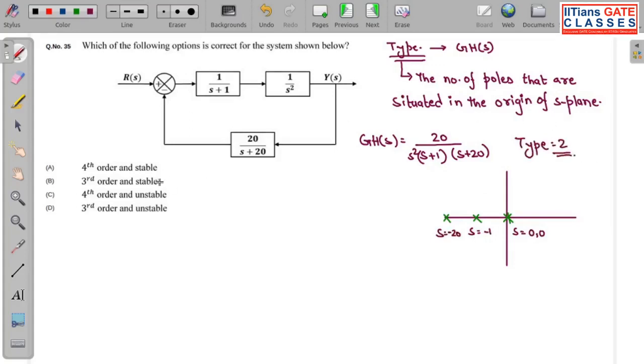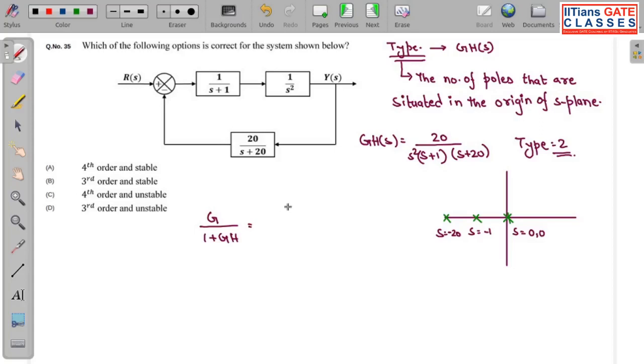Now let us move on to the question. What have they asked? Order. For calculating the order of this system, we have to calculate the order for the closed loop system. So what will be the order? G divided by 1 plus GH.